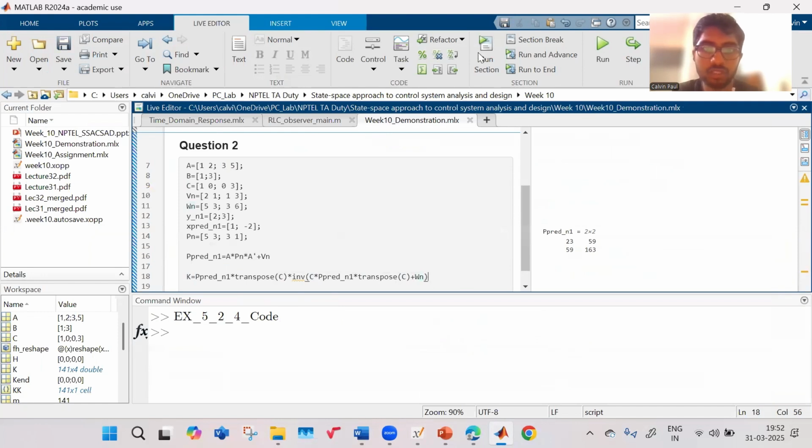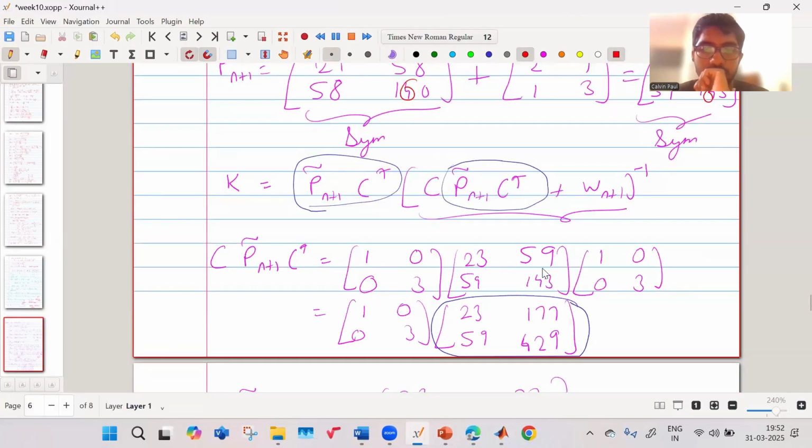We run this, what is K? K comes out with 0.2283, 0.0923, minus 0.1258, plus 0.37347. Okay, let's see what our K is.